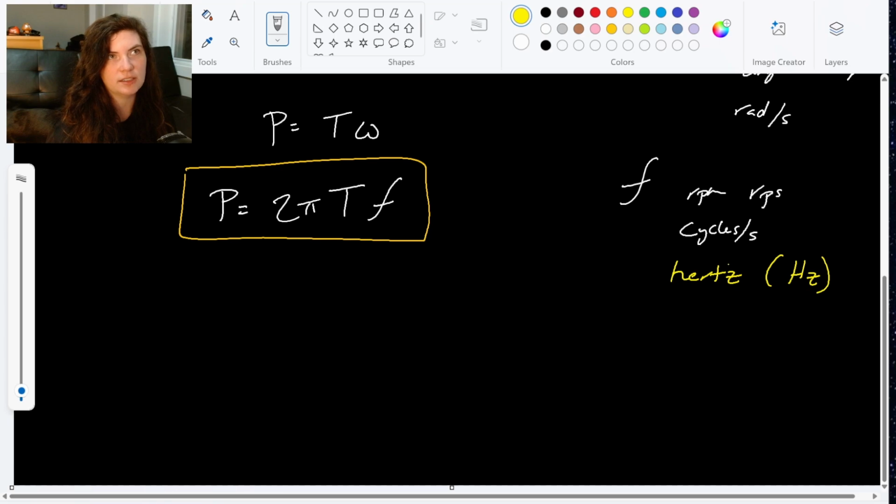It's a cycle per second. 1 cycle per second equals 1 hertz. So you might see that appear as your frequency units. You might also see revolutions per minute, revolutions per second. Those are very, very common units for our frequency.